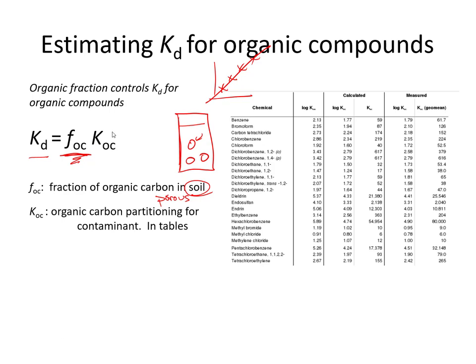And the beauty of doing this is that this term here, Koc, this is the partitioning between the contaminant that we're interested in and organic carbon. And this has been measured. Organic carbon is pretty uniform, standardized material, and people have measured the partitioning between different organic compounds and organic carbon, and they've compiled that information in tables.